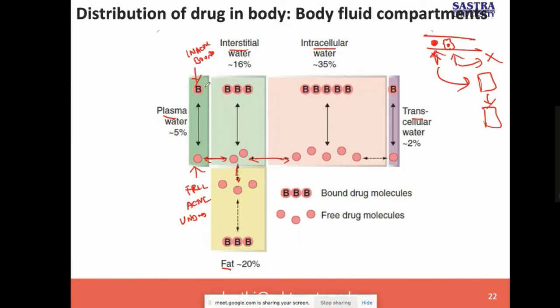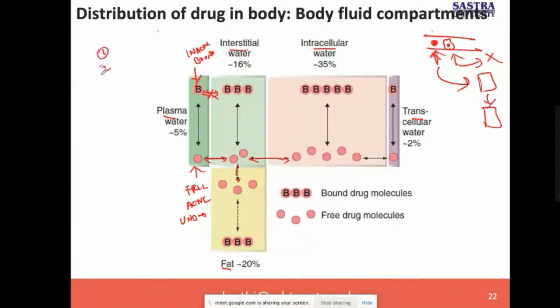Unfortunately, if the drug molecule is in its inactive bound form, complexed with some protein present in the blood, this bound form cannot be transferred from one compartment to another. Very important.